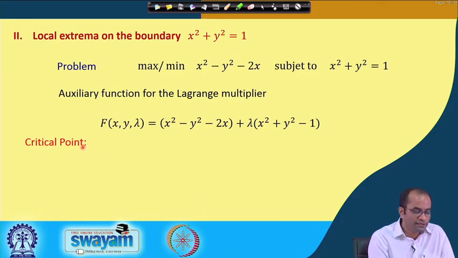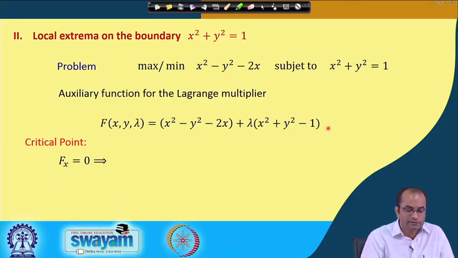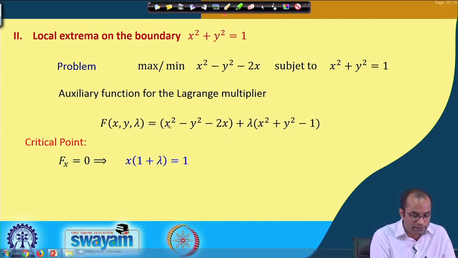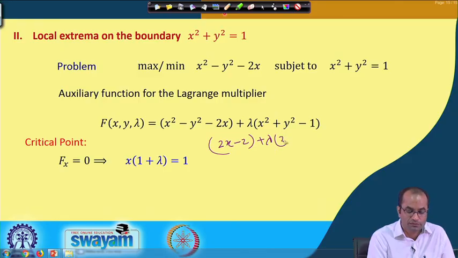So, we will find the critical points. f_x is equal to 0, which will be 2x minus 2 plus 2 lambda x. So, then we can simplify. Just to look again here: with respect to x, we got 2x, and we got minus 2 here, plus lambda times 2x, is equal to 0.